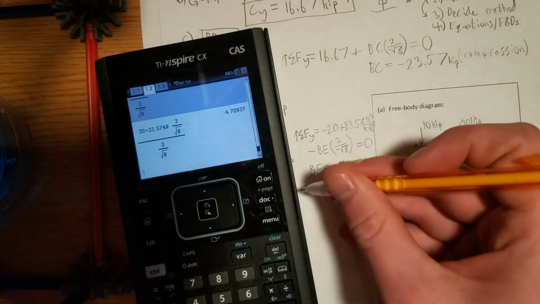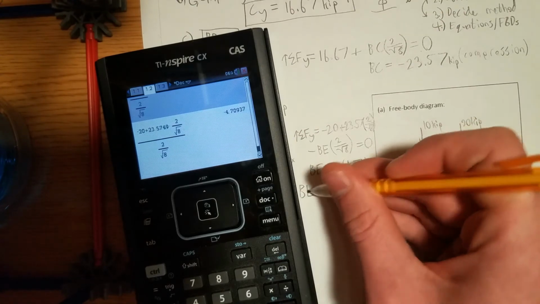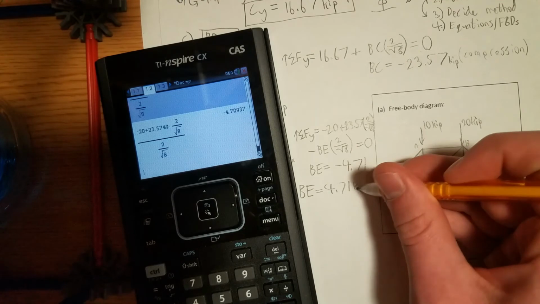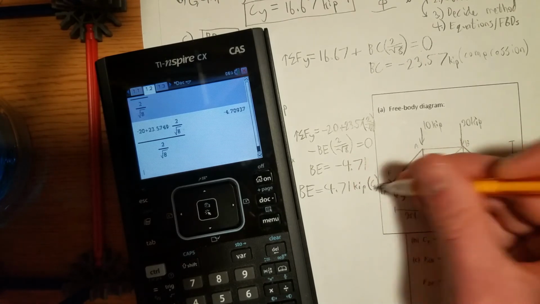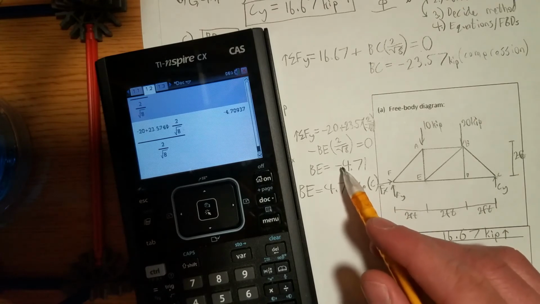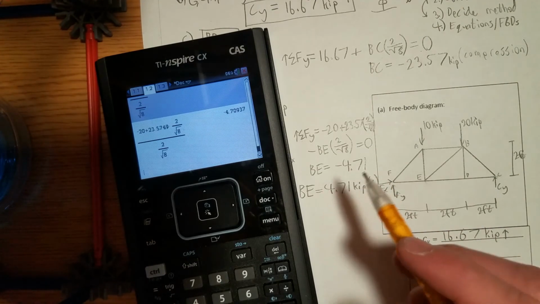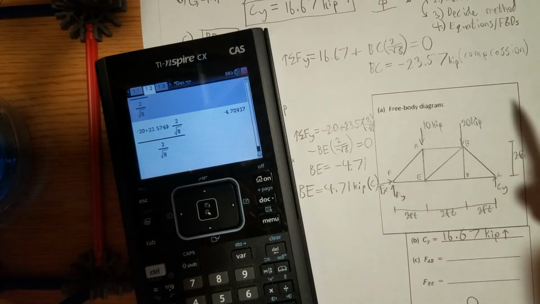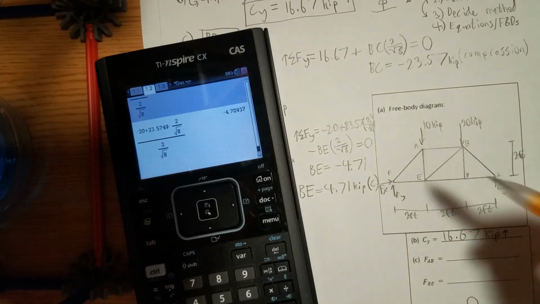Since it is a final answer, I'm going to write it out like this. BE is equal to 4.71 kips, and then I'm going to write in parentheses C. That means compression. You could leave it as the negative value, but I like to be a little more direct in what I write and just say compression. So you and the grader can know, yes, I mean it to be in that direction.